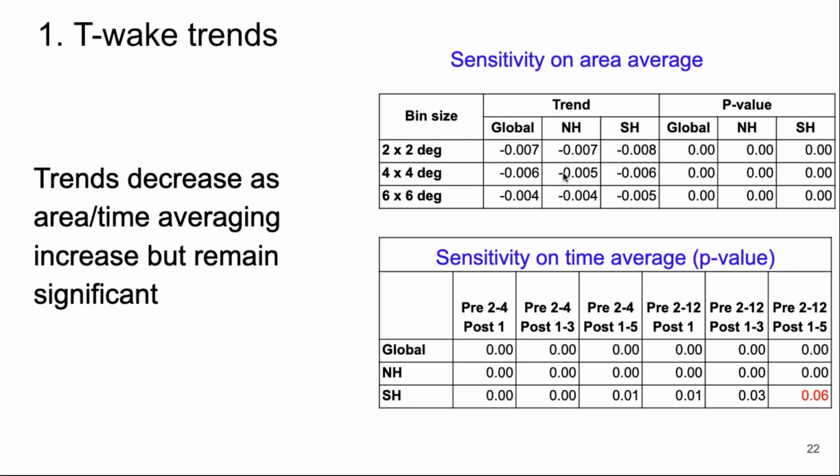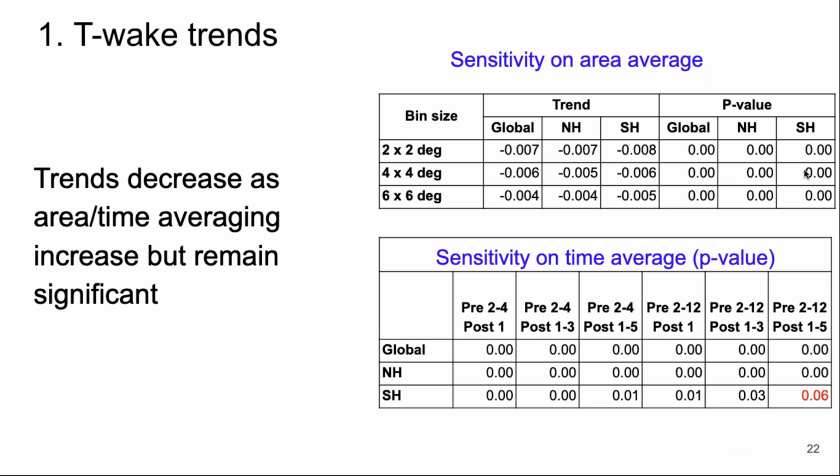Now we do some sensitivity tests on the choice of the area average and the time average used to compute the SST cooling index. For instance, here we tested different box sizes, 2x2, 4x4, and 6x6, and generally as the box size increases, we see a decrease in trends, similarly in the northern and southern hemispheres.